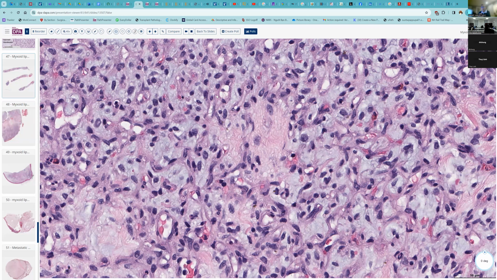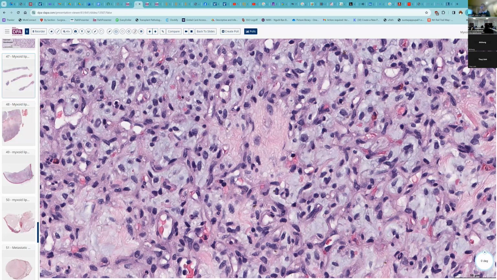And of course, they have different molecular markers. So the myxoid chondrosarcoma will not have the DDIT3 FUS fusion gene. It has a different fusion gene in that tumor.